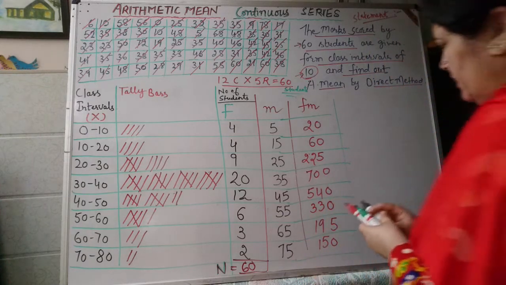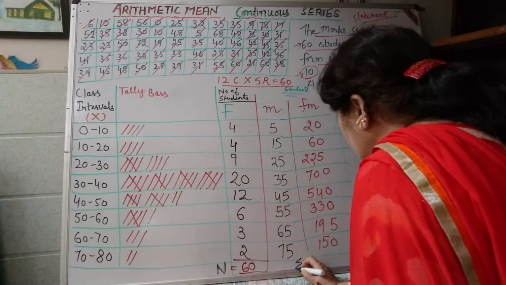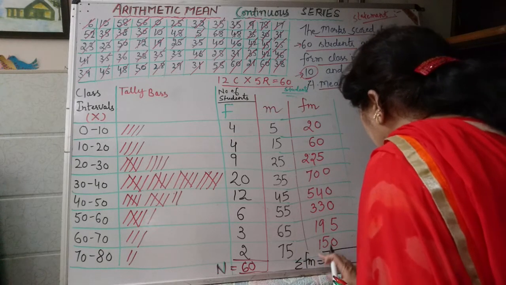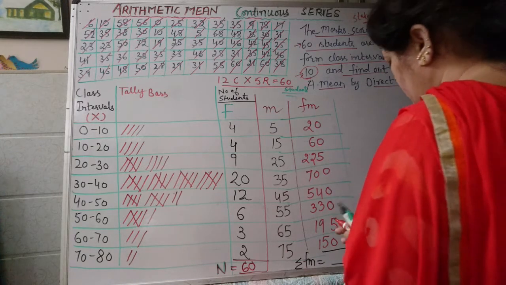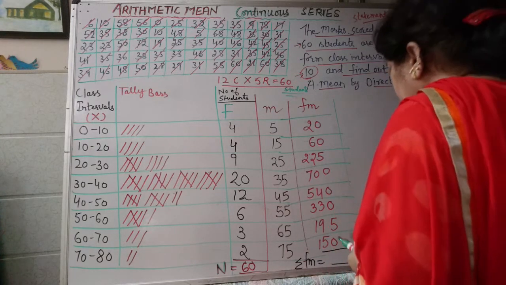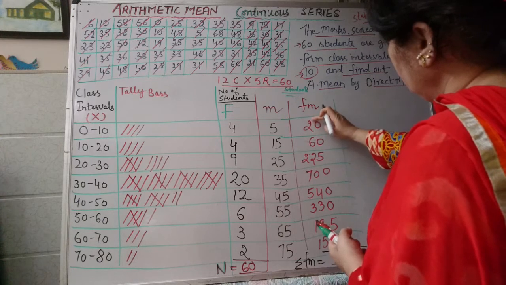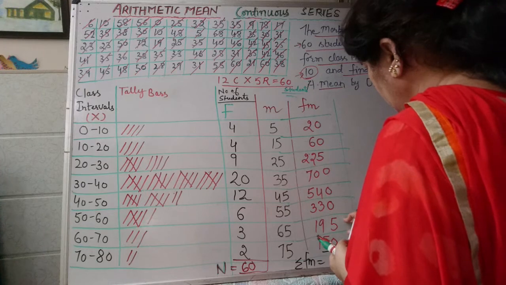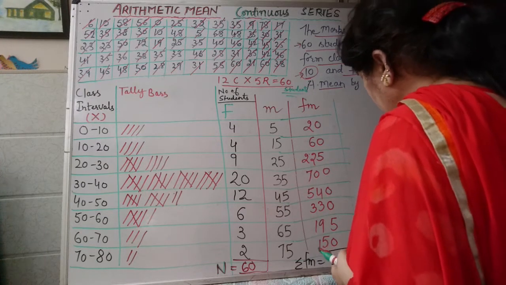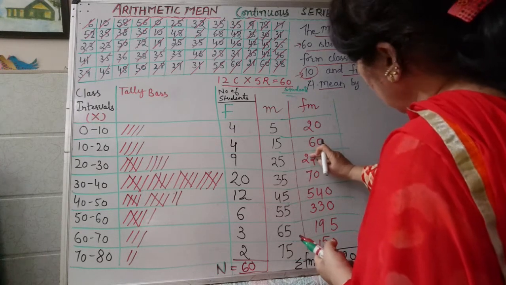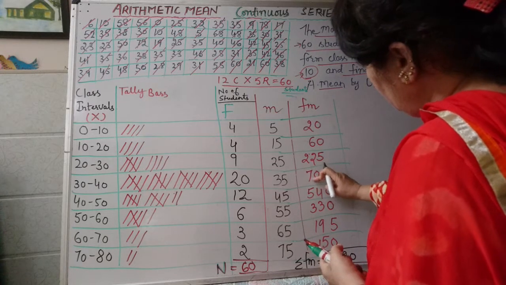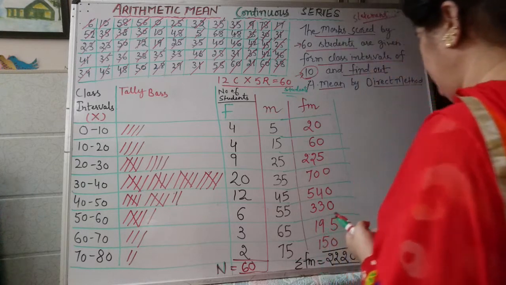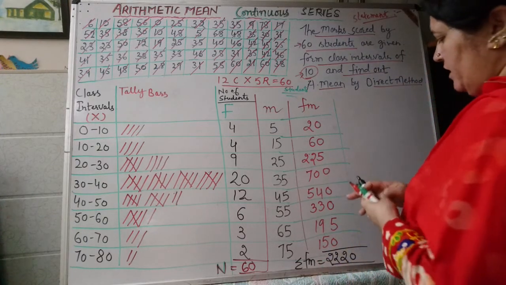So let us calculate the summation of all the values of sigma fm. Sigma fm is 2220.